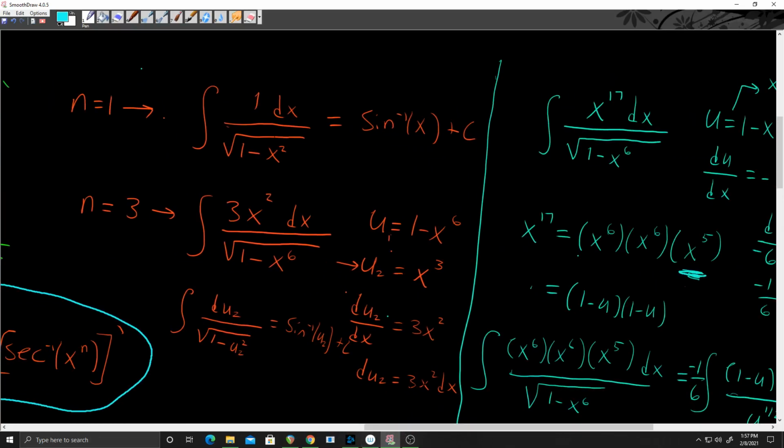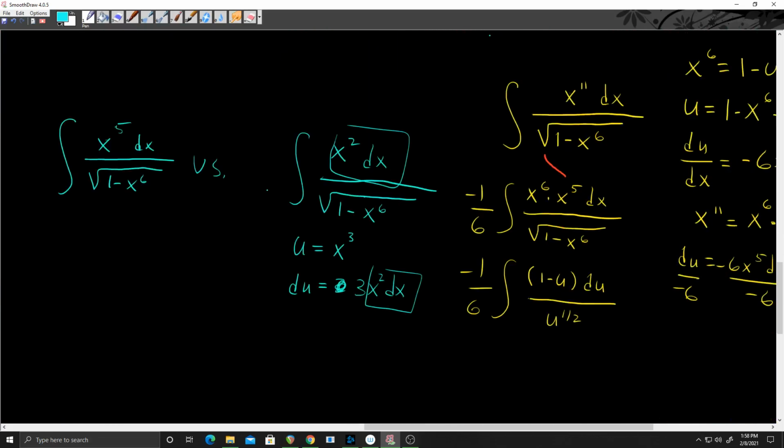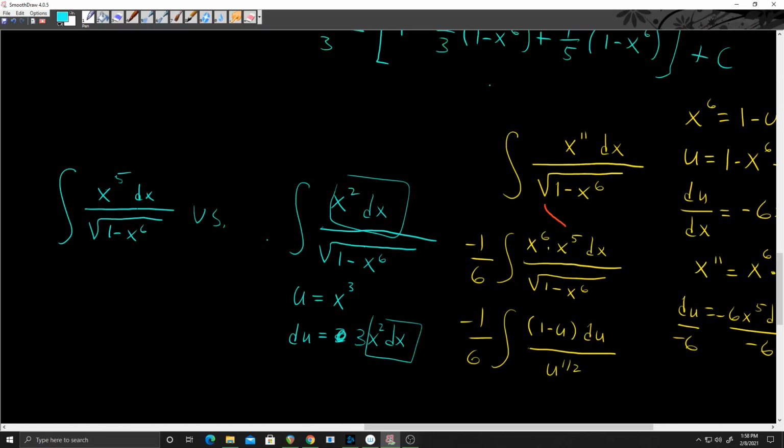For inverse sine, the highest power of x is always going to be less on top. And let's be specific here, it will be more than 1 less. So if this were x to the 5th, we could do straight up u sub, which is what we were talking about down here, because it's 1 less power.